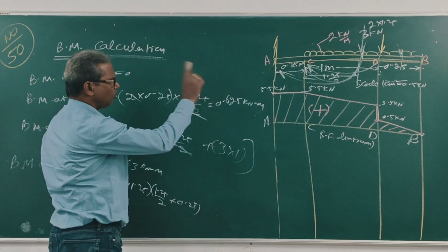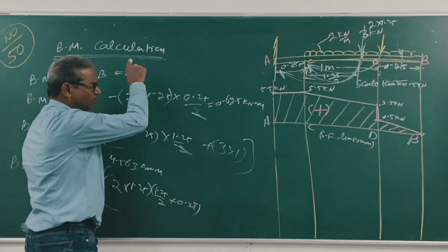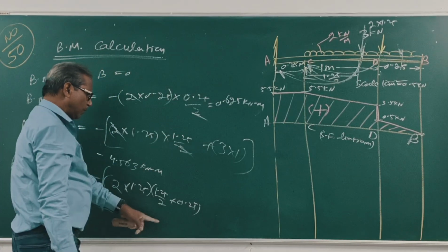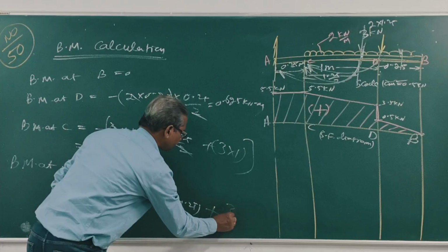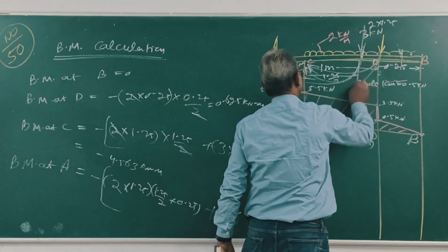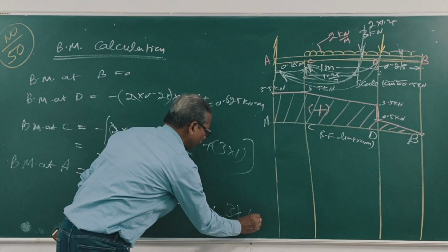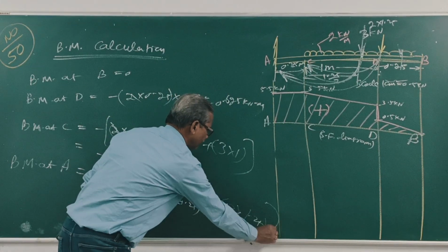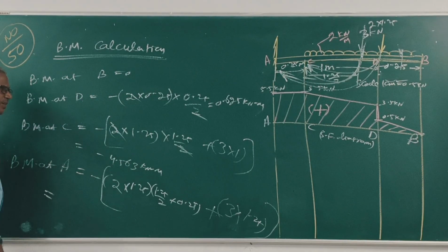Right? 2 into 1.25 into this 0.25 plus 1.25 by 2, plus 3 into this. What is this? 1.25. 3 into 1.25. All are negative. Clear?